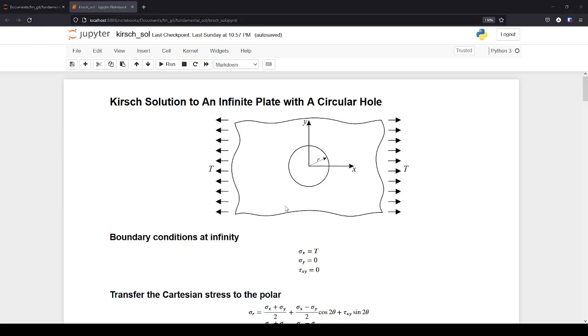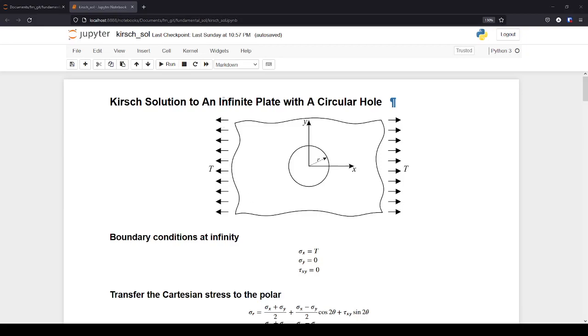By the introduction of this irregularity, or specifically here for this case, a circular hole, you will see that there's this disturbance in the stress field around this hole. So we're going to see how the stress field actually is disturbed around the circular hole.